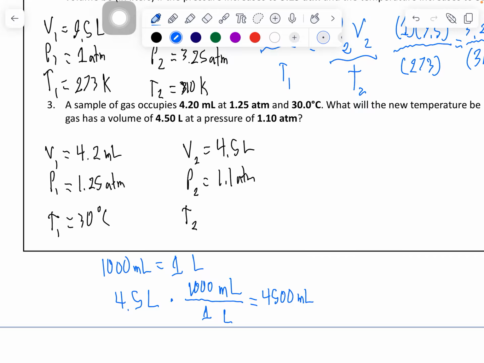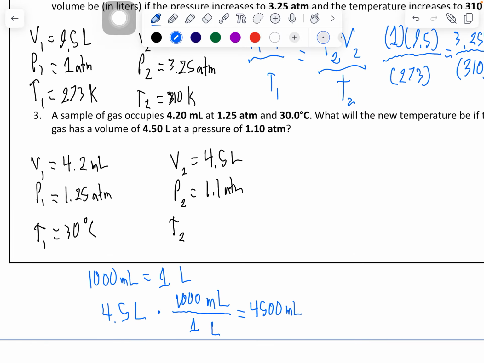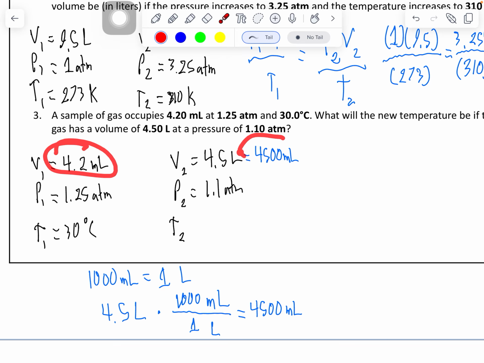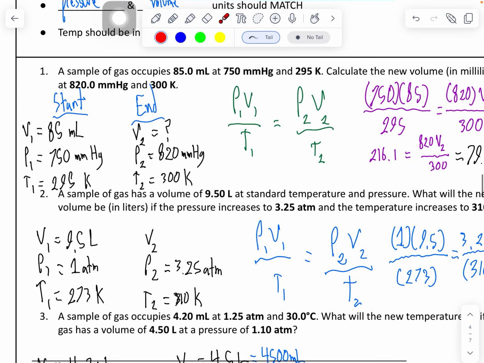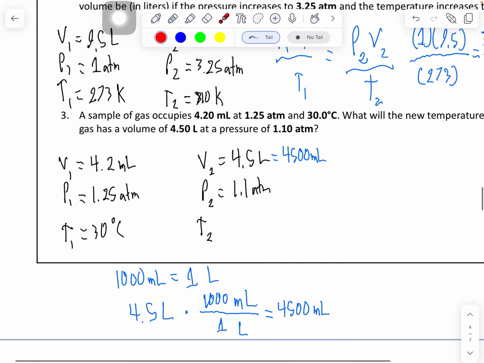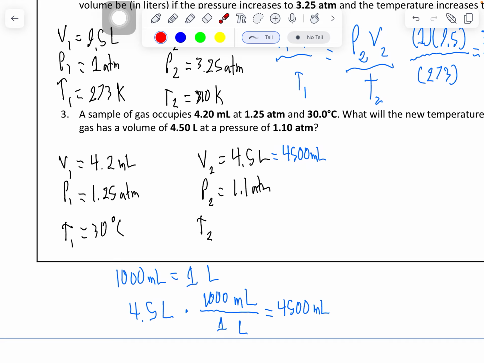Okay. At this point, we can go ahead and write in a little substitute. This is 4,500 milliliters. Now our volume matches. We have milliliters on one side, milliliters on the other. This is good. But we need our temperature in Kelvin. Cannot be in degrees Celsius. So we need to convert our temperature in degrees Celsius into temperature in Kelvin.